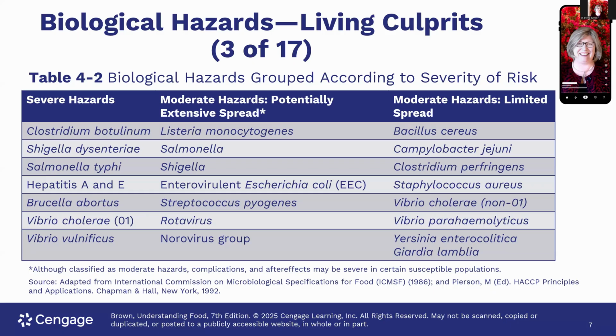In the moderate hazards, you might recognize rotavirus. In the moderate hazards, limited spread, you might recognize Bacillus cereus. Again, I'm not going to read every name. It makes for a very boring lecture, and you won't remember it that way anyway. You're going to need to refer back to your tables in your textbook or rewatch this lesson or a combination.